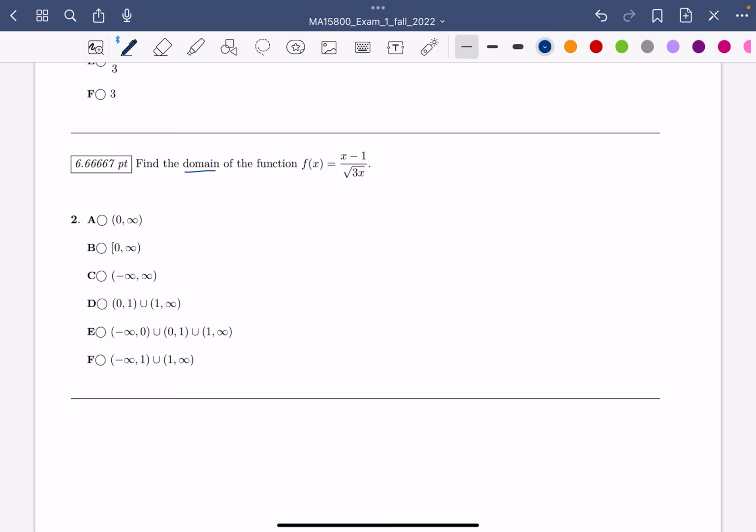So the first one I want to check is when this equals 0, because again, if it's any number over 0 that doesn't exist, so we can set the denominator, the square root of 3x, set equal to 0, and we can find from this that x equals 0.